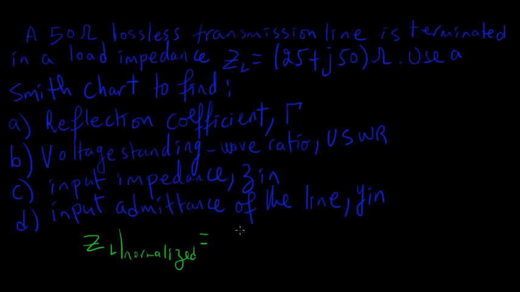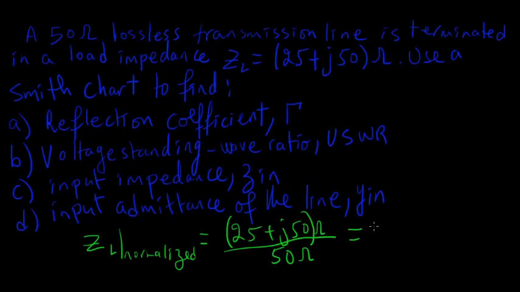It's just equal to the value, 25 plus J50 ohms, over the 50 ohms of the lossless transmission line. That's how you normalize your load impedance. You end up with 0.5 plus J1 without unit, as the ohms cancel out. We need this value in our Smith chart example coming very shortly.